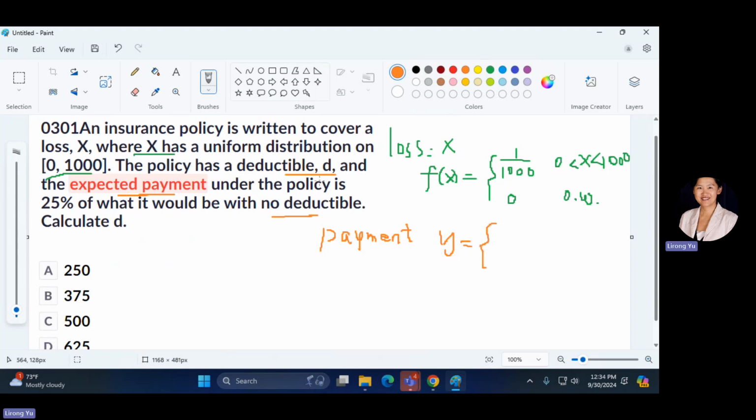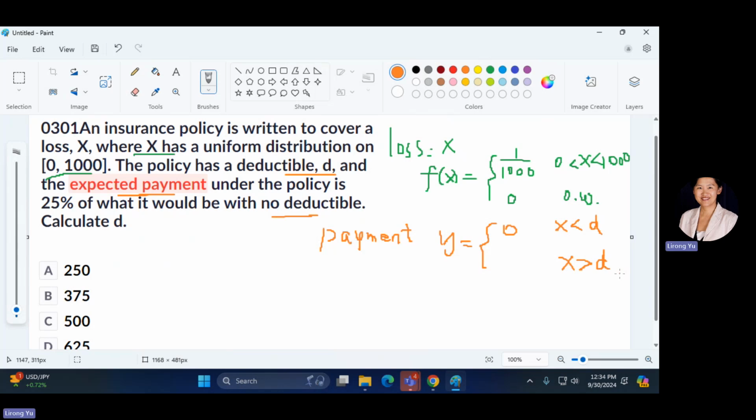Let's think about what the payment would be. Since we have a deductible, we pay 0 if the loss is less than the deductible. That's the meaning of the deductible. If your loss is lower than the deductible, the insurance company wouldn't pay it. If the loss is higher than the deductible, so if X is bigger than D, then they will pay.